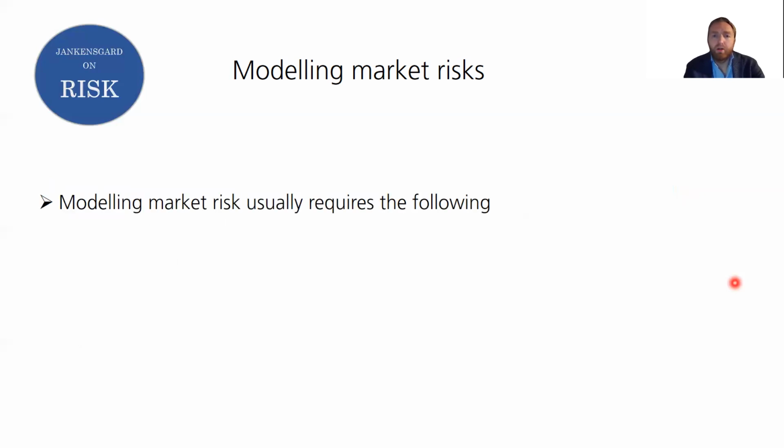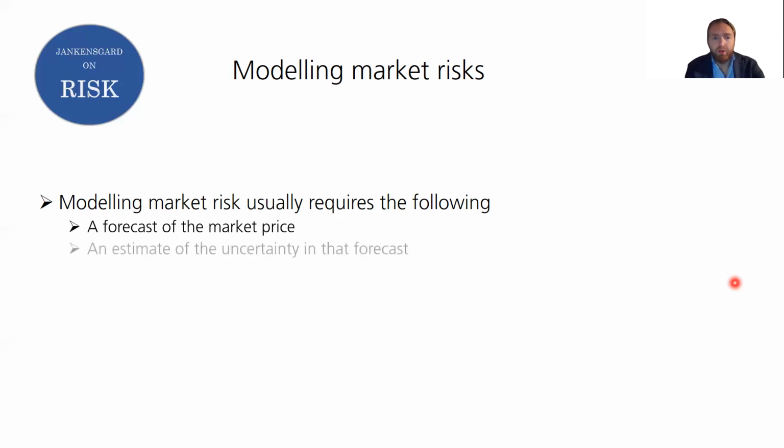So when we're dealing with the modeling of market risk, what we are in for is usually trying to come up with a forecast of the market price. That's number one. We have to have a prediction in place, which is essentially our best estimate of where we think this price or variable or rates will be at some point in the future.